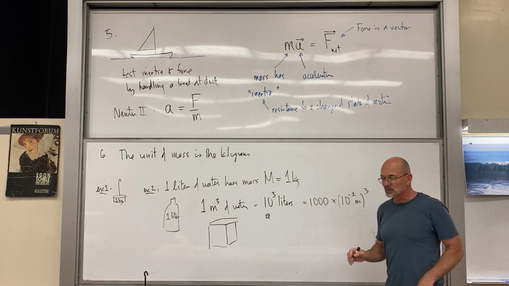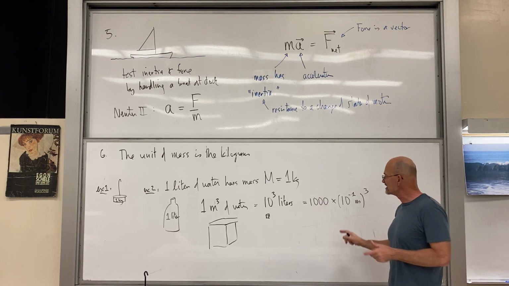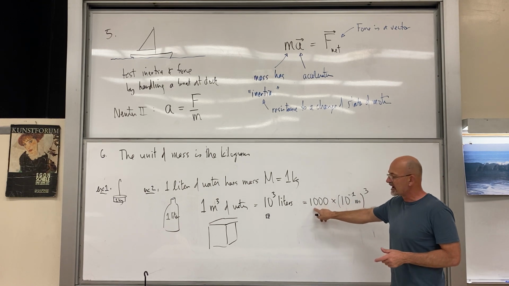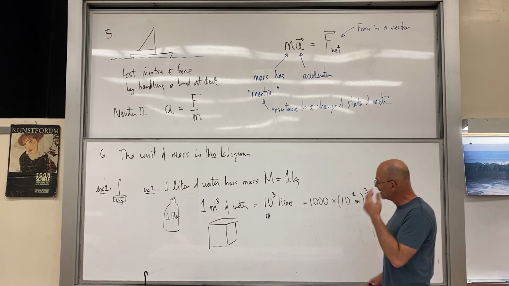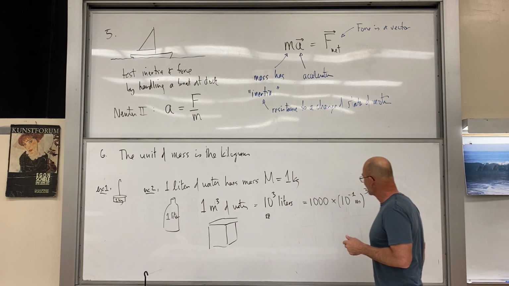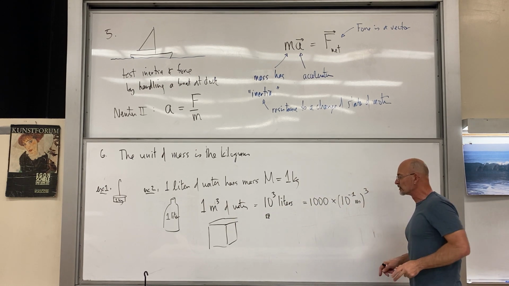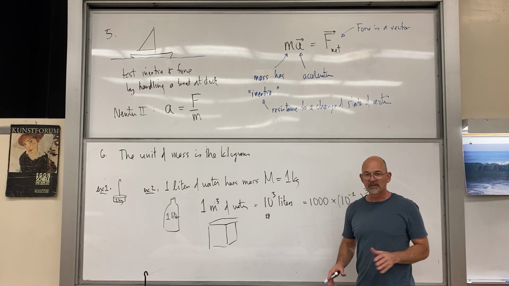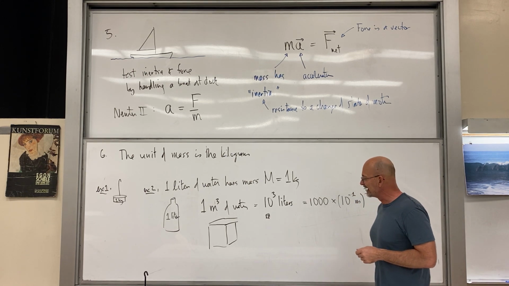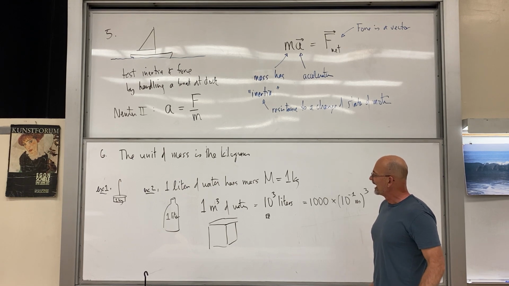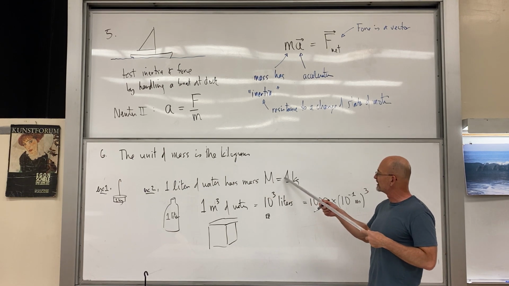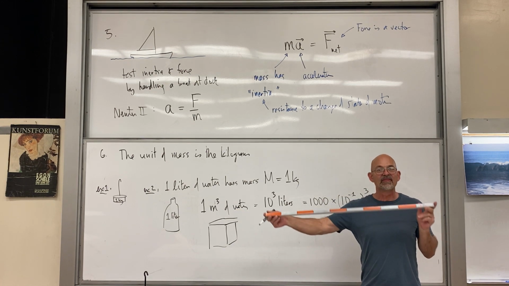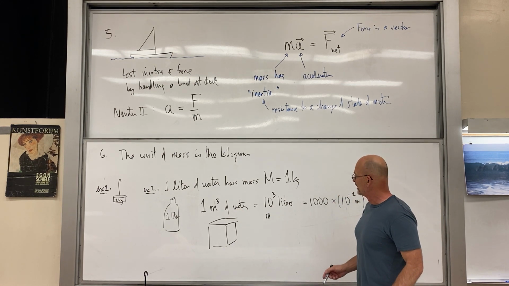So 10 to the minus 1 is 1/10 of a meter, 1/10 cubed, and of course you can see 10 to the minus 3 times 1,000 is going to be equal to 1 cubic meter. So that would be your liter as well. The metric system being a decimal system is very, very convenient. And since a liter of water has a mass of 1 kilogram, a cubic meter of water has a mass of 1,000 kilograms.